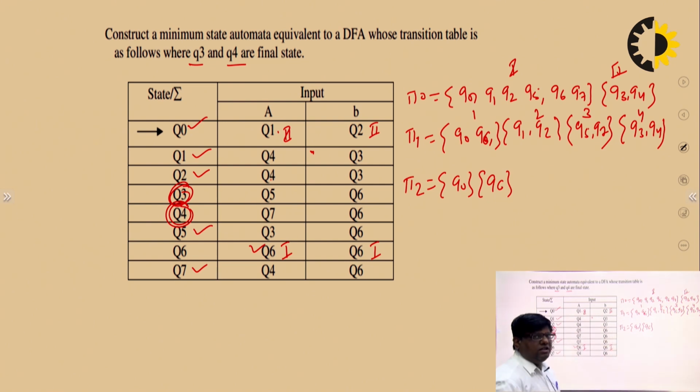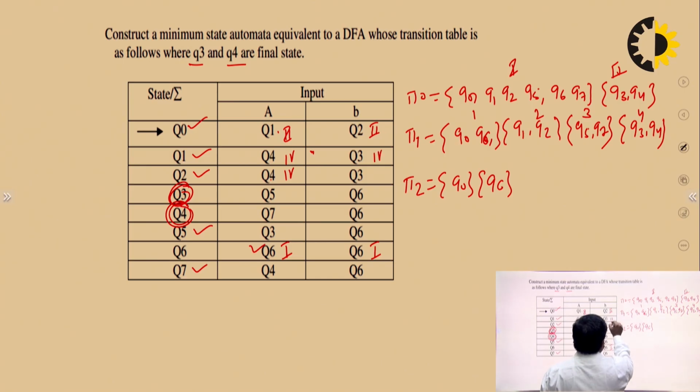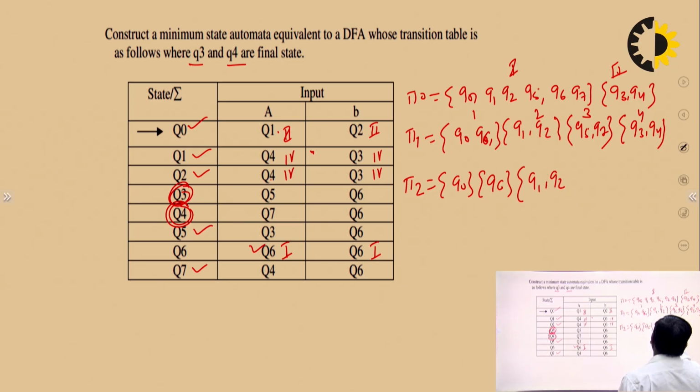Now we check Q1, Q2. Now this is Q4, that is set number 4, and Q3 also set number 4. It means these two states, Q1 and Q2, have a similar behavior. Q5, Q7 check.